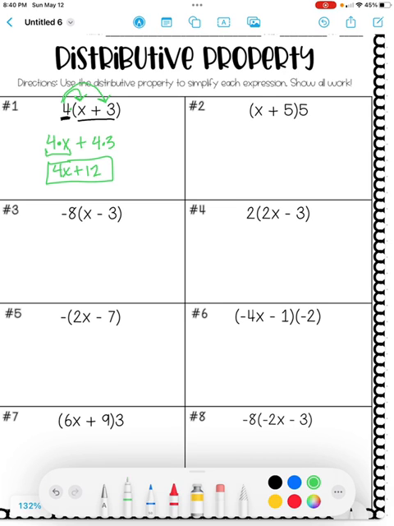So looking at another example, I have the term negative 8 being distributed to x and being distributed to negative 3. So I'll have negative 8 times x.